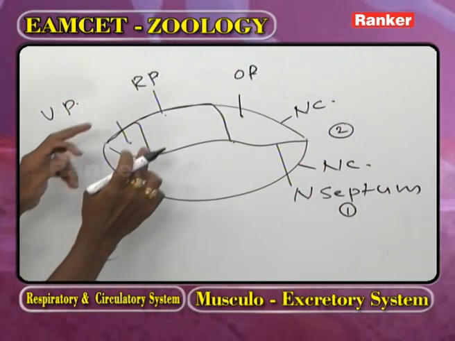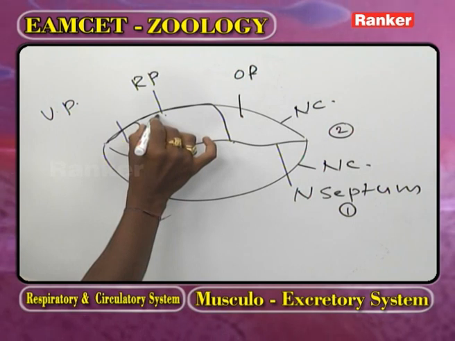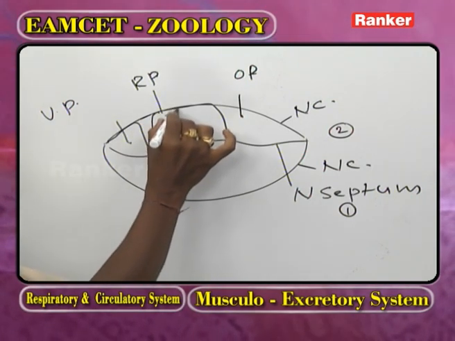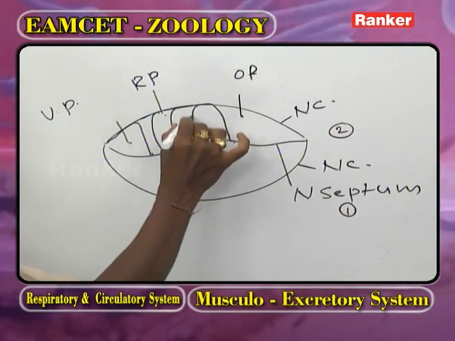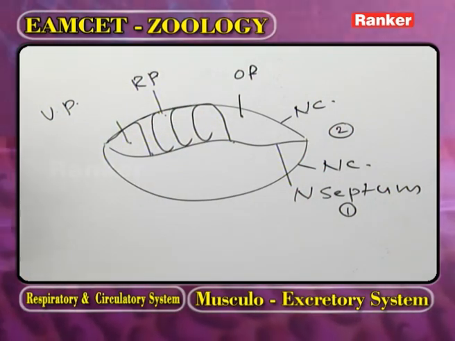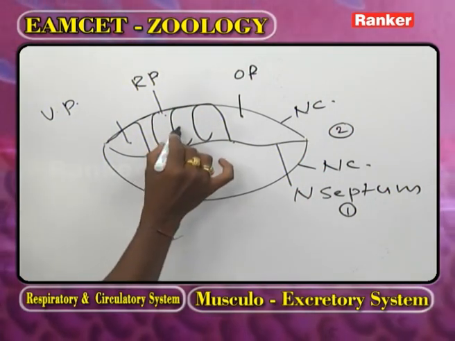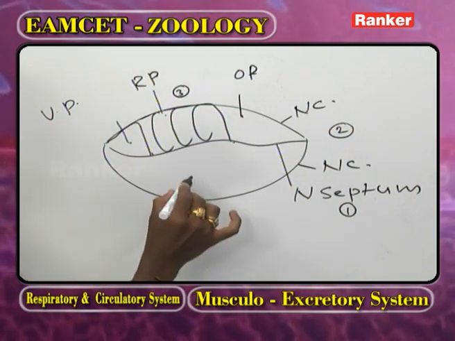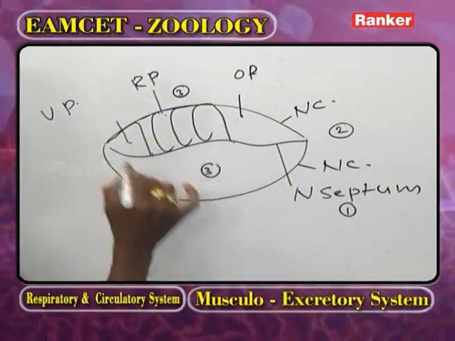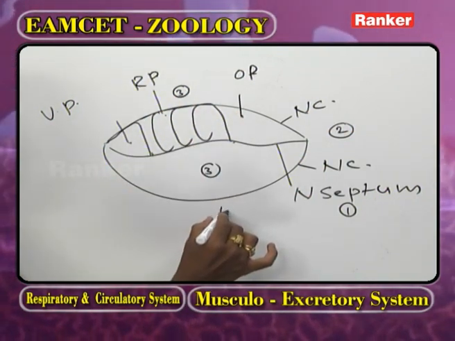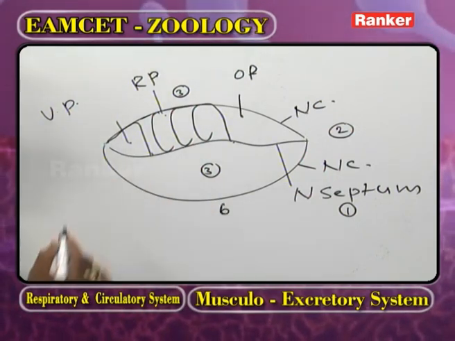Respiratory part. The collapsing of respiratory part is prevented by how many concave? 3 concave here, 3 concave here. Totally 3 plus 3, 6 concave.